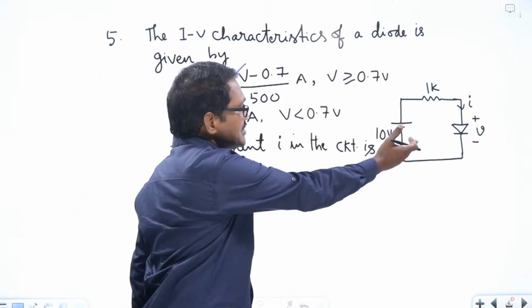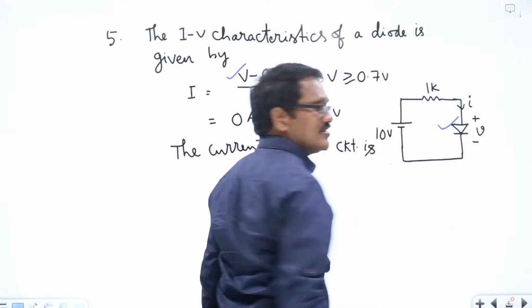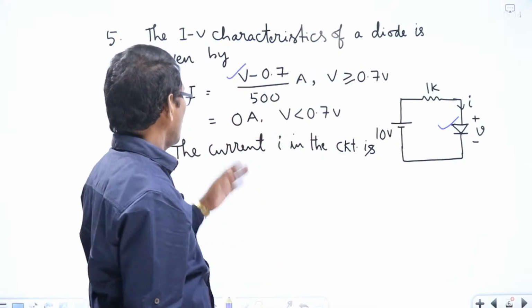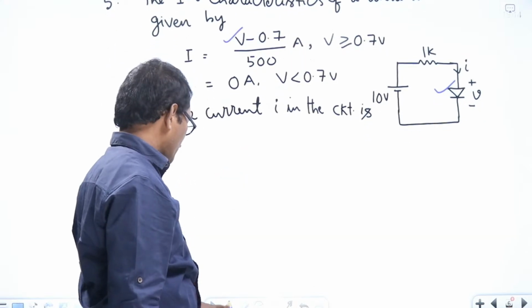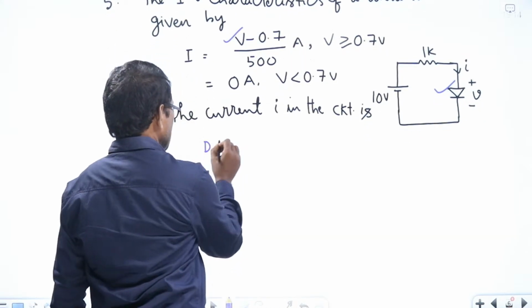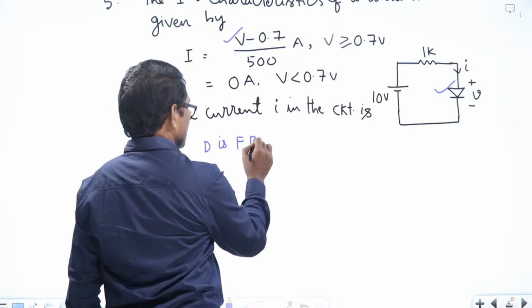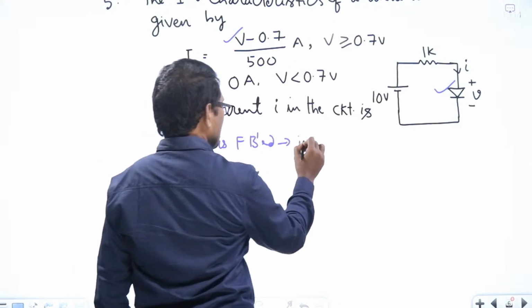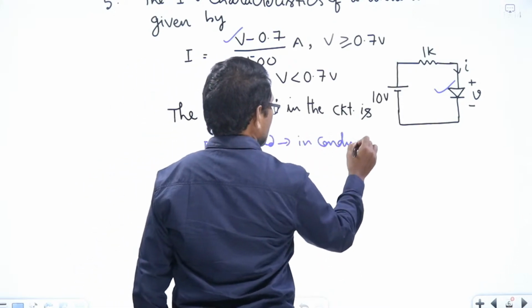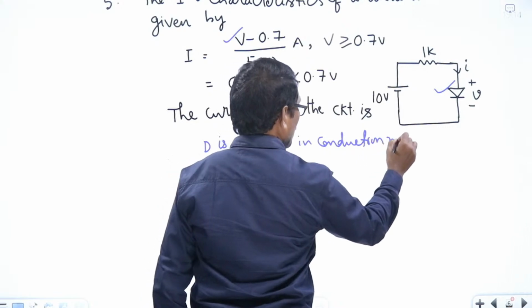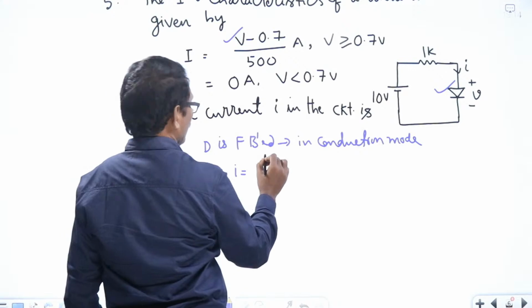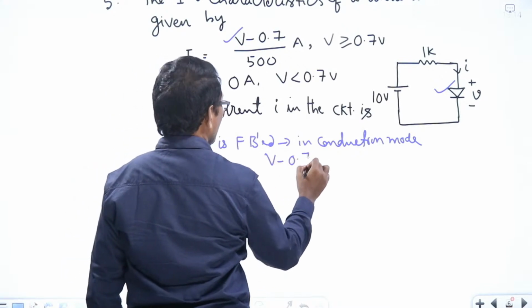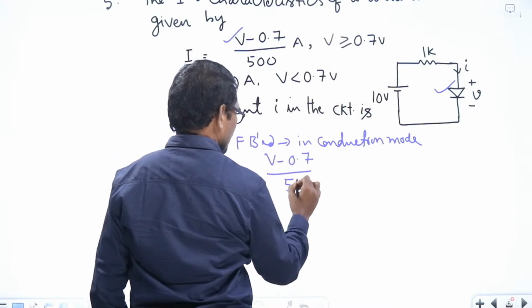In this case, the diode is forward biased, in conduction mode. So the diode in conduction mode, I is equal to V minus 0.7 by 500.